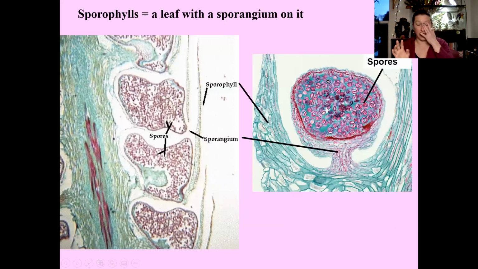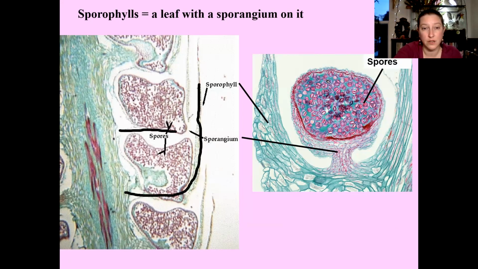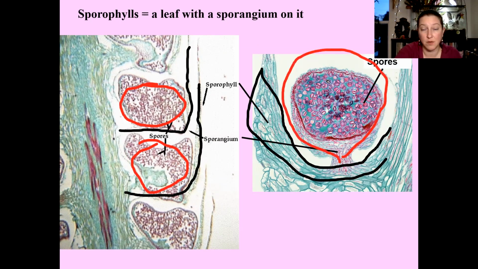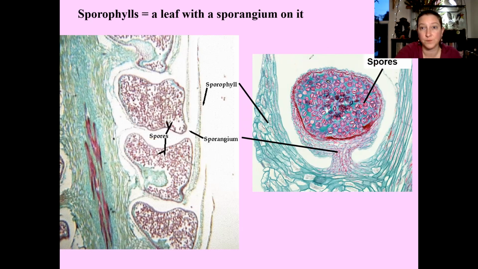This is a better microscope slide showing the same thing. So here is a sporophyll. Here is another sporophyll. On top of that sporophyll is a sporangium, attached to it. On the microscope slide on the right, here is the sporophyll, and here is the sporangium attached to the sporophyll. And obviously, spores are made inside of the sporangium.